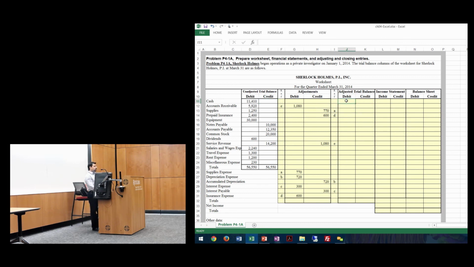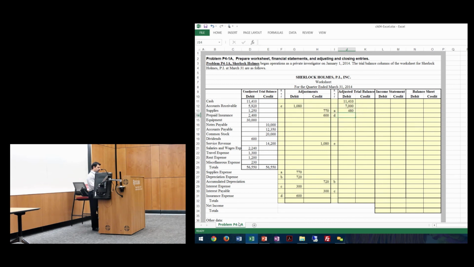So for example, for the first one, what would it be? Cash. It did not change, right? What about accounts receivable? It's 5,920 plus 1,080. Next, supplies equal to 1,250 minus 770.